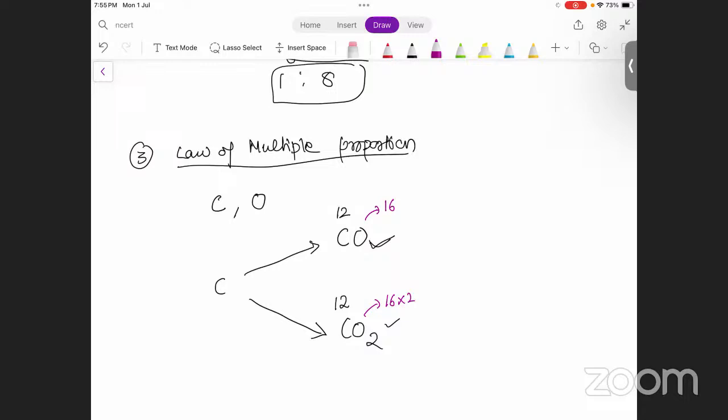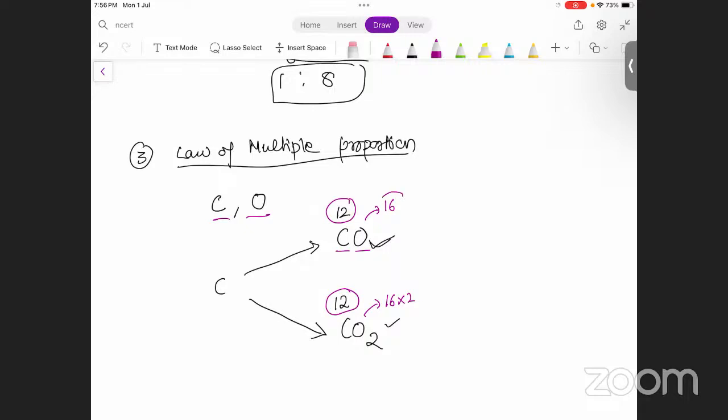So now what the definition says, when two elements combine with each other to form two or more than two products, then the mass of one element that combined with fixed mass of the other element. So we have fixed mass of carbon.